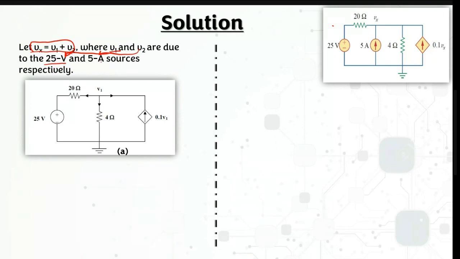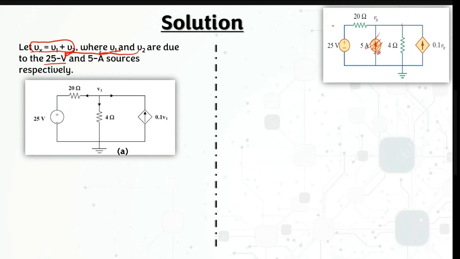So we need to turn off the other source, which means we will have nothing here. You just leave this as an open circuit, and then your Vx will go here. So this one is going to be your V1.